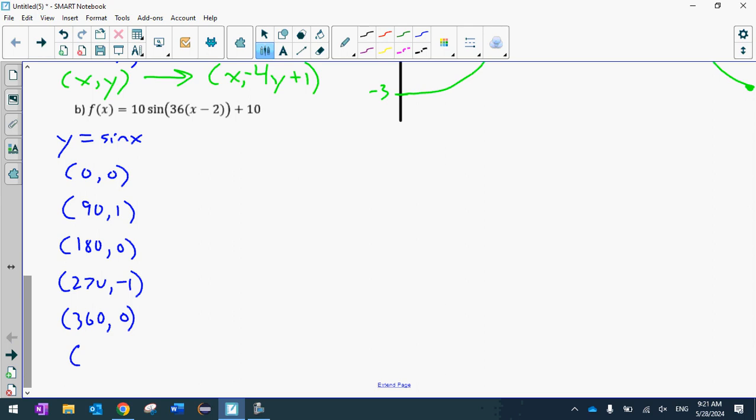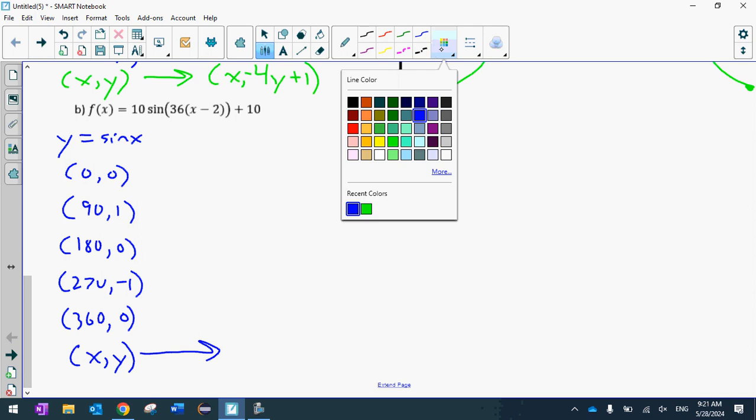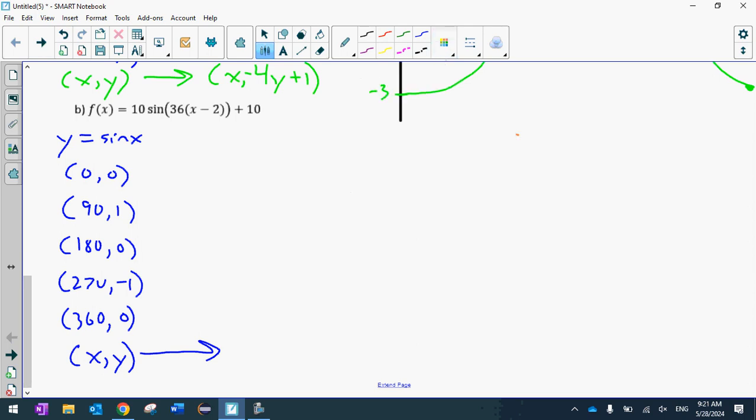See if you can come up with the mapping notation for those points, or for any point. Give me just a minute to do that.